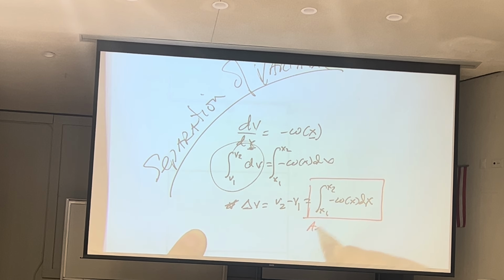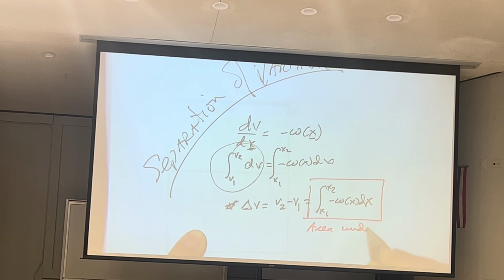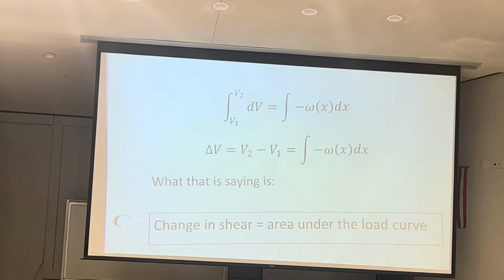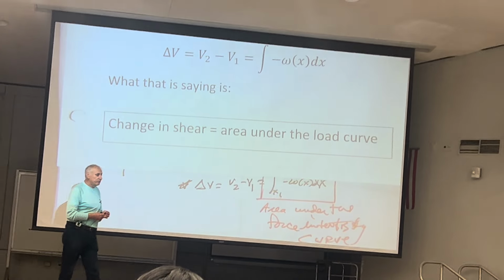So this is the area under the force intensity curve. So here's the important fact you will need when it comes to drawing these real quickly. Change in shear equals the area under the load curve.